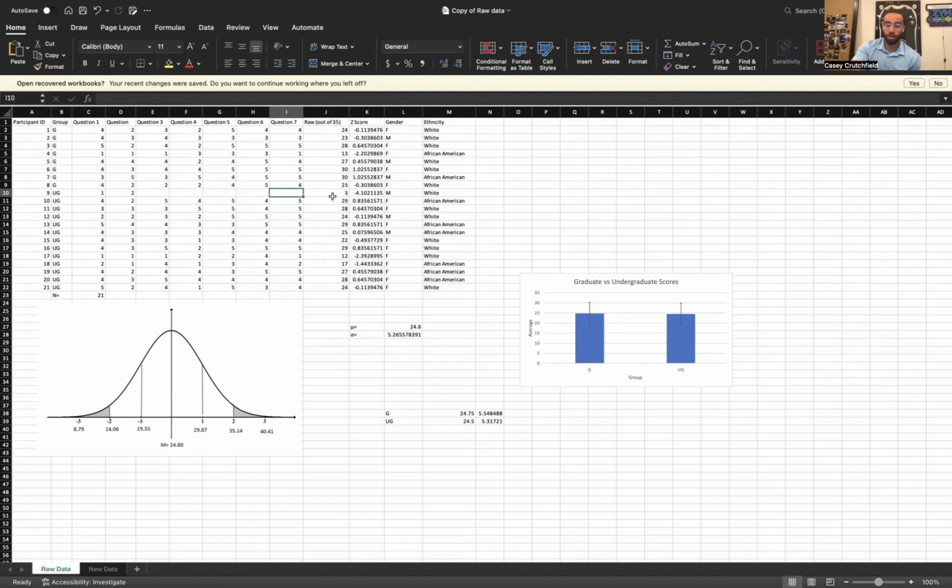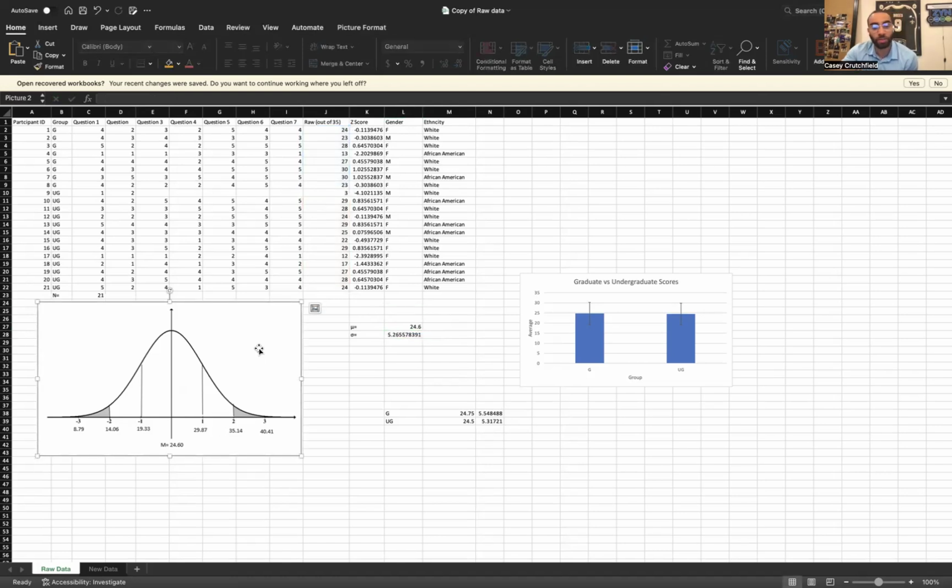And then from there, I found my mean using the raw scores, except for the three, and then the same for the standard deviation.